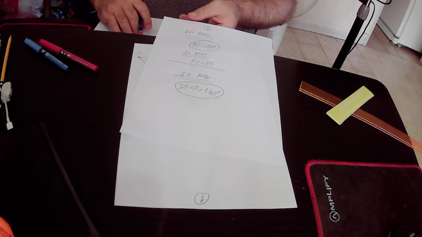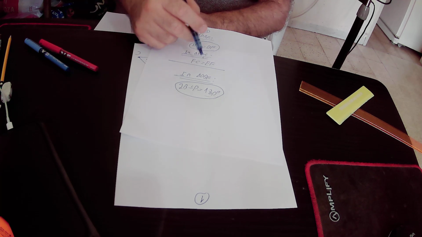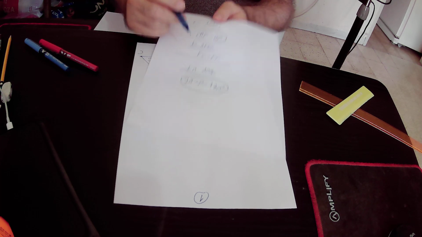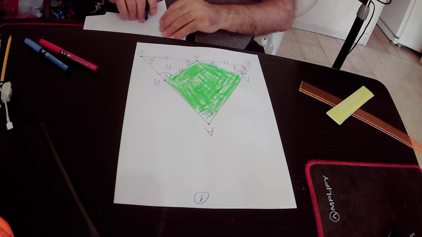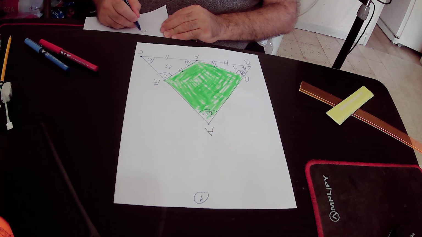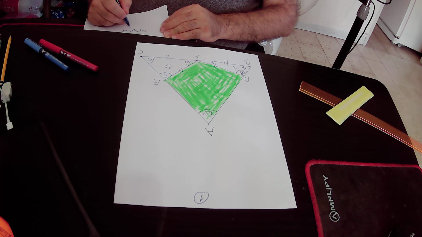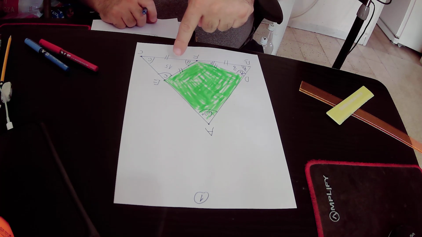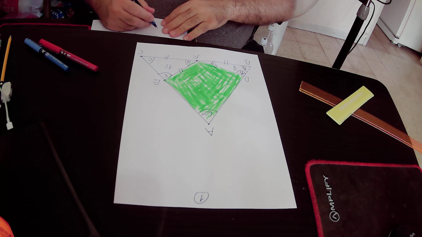2B plus P equals 180 degrees. We will subtract 2B from this equality, and we will get that angle P equals 180 degrees minus 2B. And the same thing is true in triangle FEC.